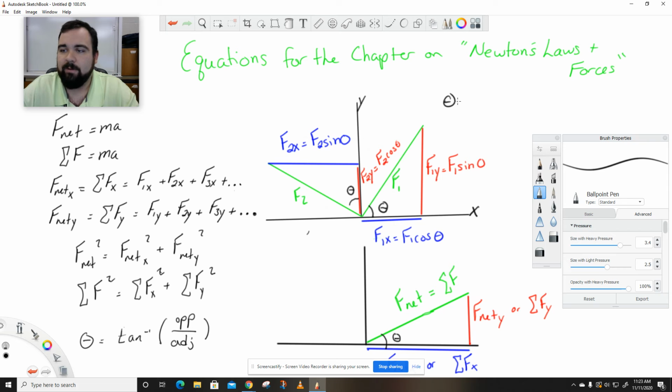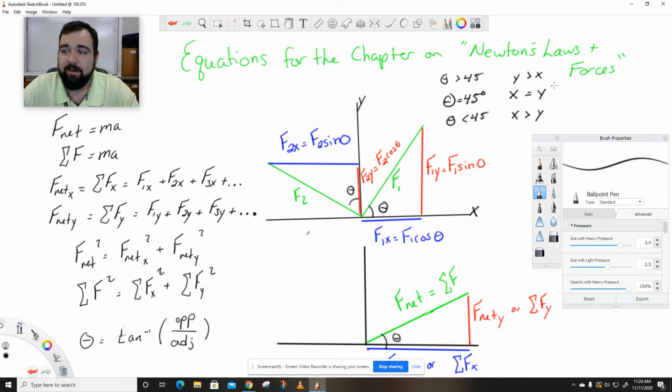So if theta equals 45 degrees, you would get that your x component would equal your y component, right? Now, if theta were less than 45 degrees, that is going to be x greater than y. And if theta were greater than 45, then you would have y greater than x.